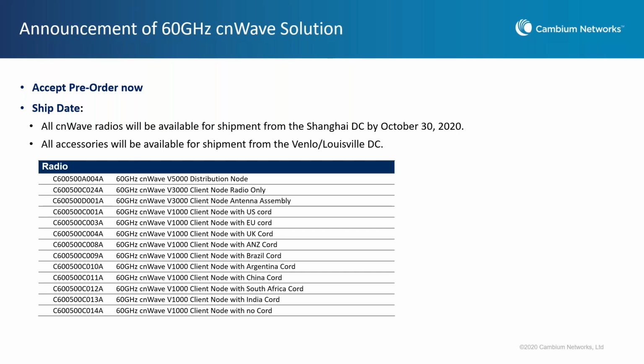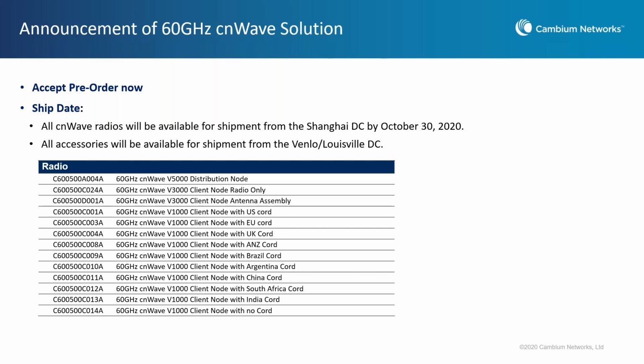V5000 is our distribution node with two sectors. And you can see here, a single radio with two sectors. The data from sector 1 to sector 2 is transmitted within the radio, so you don't need any external device to pass the data from sector 1 to sector 2.